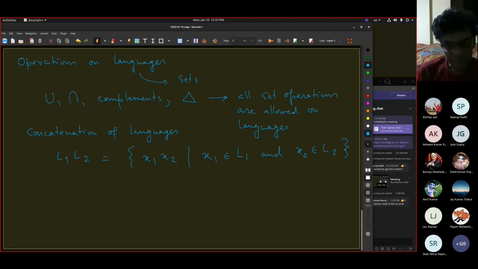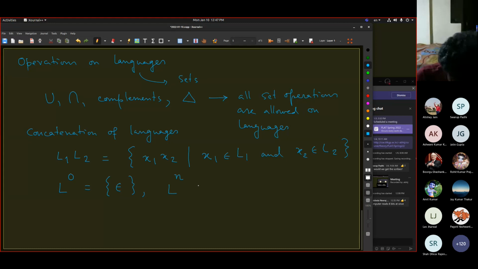And then I define the powers of a language, L power 0, to be consisting of only epsilon. And for n greater than or equal to 1, I am defining this as the concatenation of L with L power n minus 1, or L power n minus 1 with L, whatever. It's the same thing by associativity.